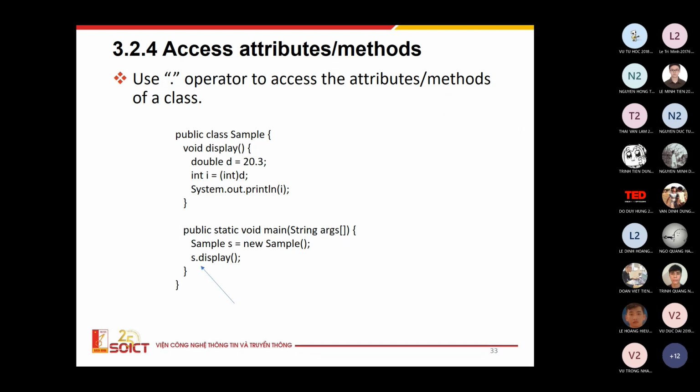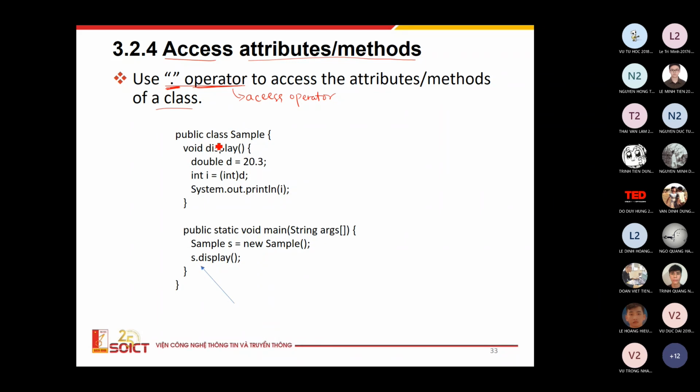Okay. So we talk about how you can access the attributes and methods in one class. This is a little early to say about it, but maybe you can see in the example that you can use the point operator, or you can call it the access operator. You can use this to access the attributes and methods of a class.